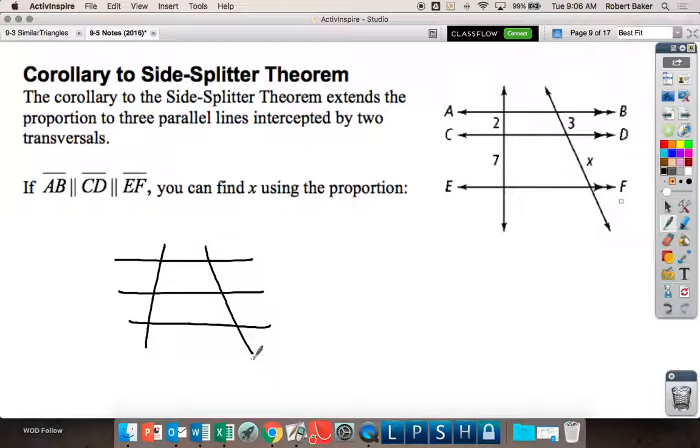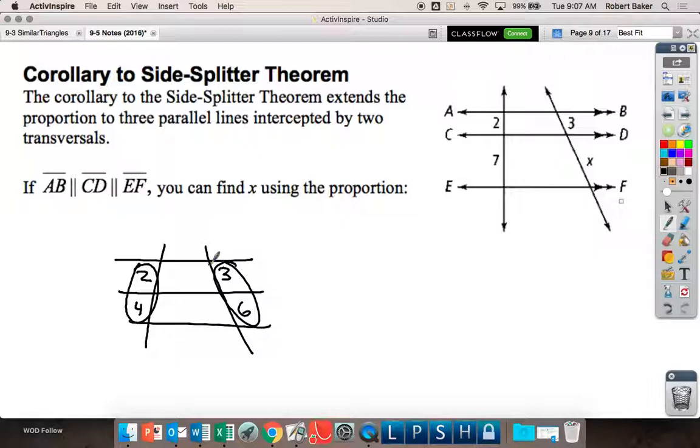And it says that, what do you think your proportion is going to be? It's going to be the exact same thing. 2 over 4 is equal to 3 over 6.